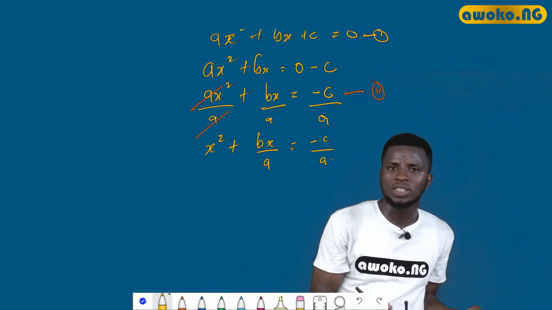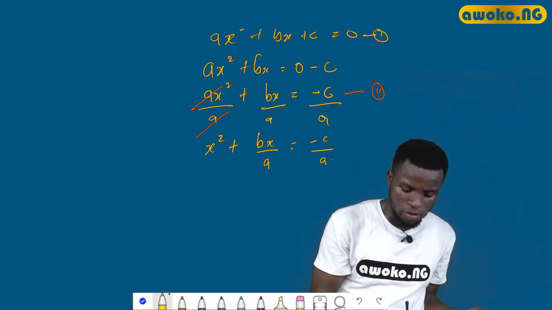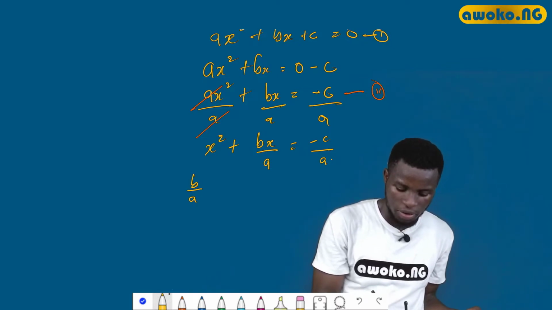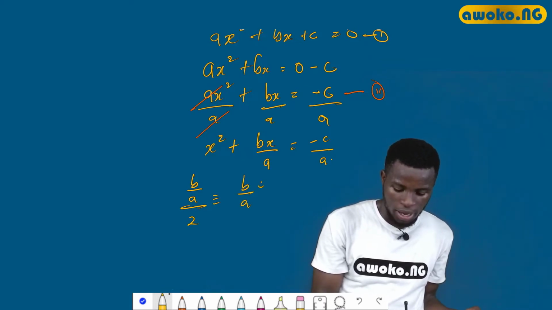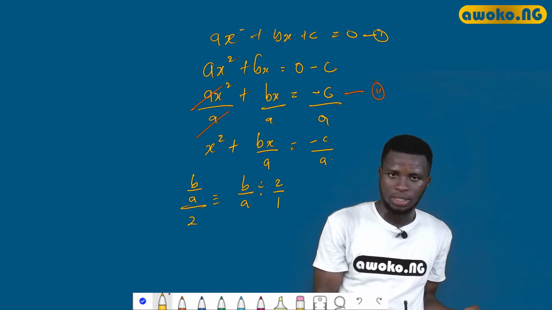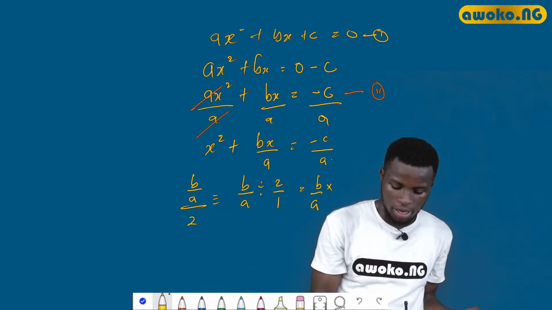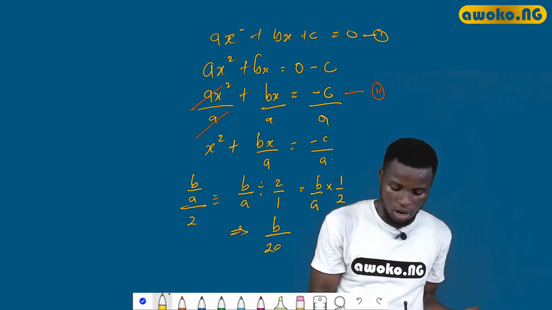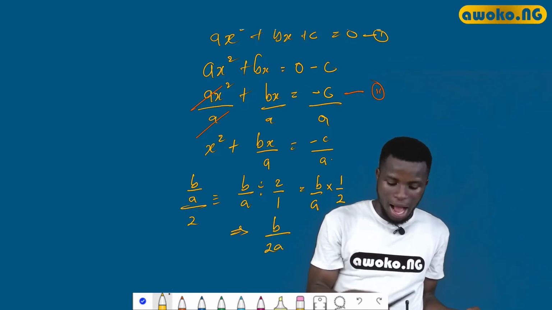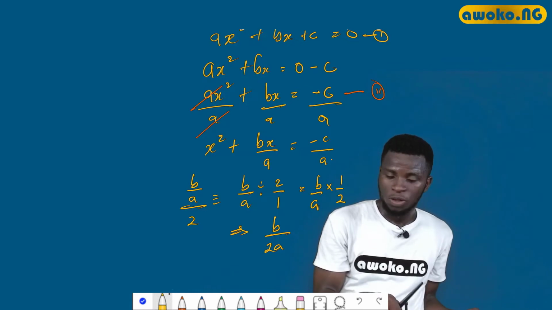The coefficient of x is b over a, right? Half of it means dividing by 2, so b over a divided by 2 over 1, which gives b over a times 1 over 2, which is b over 2a. So this is half of the coefficient of x.